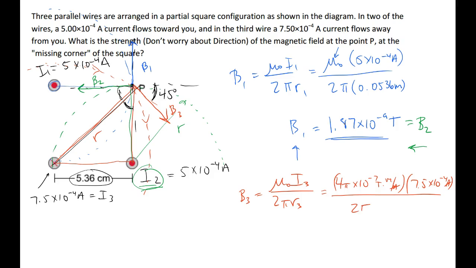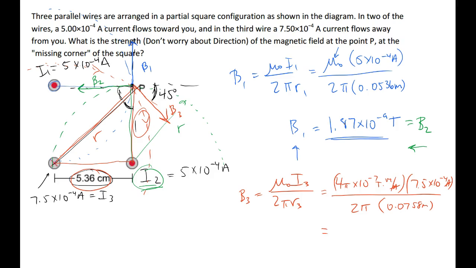All over 2 pi. Now, R3 would be the square root of 5.36 squared plus 5.36 squared. If I do that really quickly, I get 7.58, which would be 0.0758 meters.